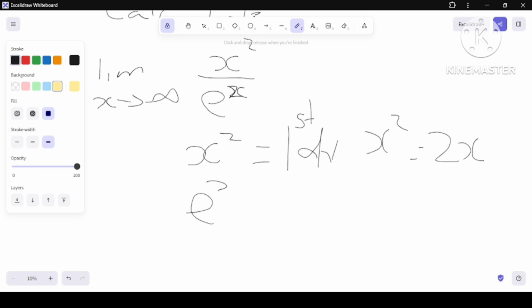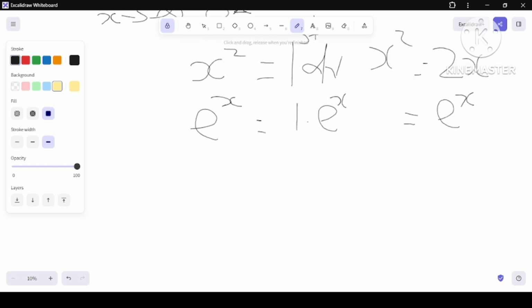To differentiate e to the power of x, we drop the power, since we are dealing with a constant power. The constant of x is 1, and we multiply that constant by e to the power of x. So the first derivative of e to the power of x is equal to e to the power of x.